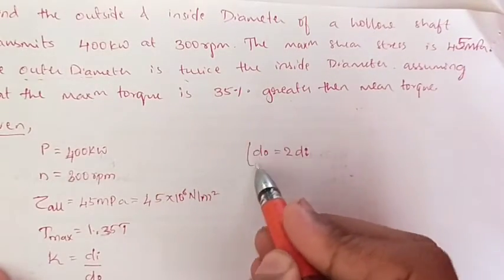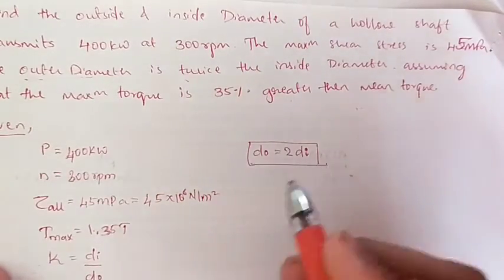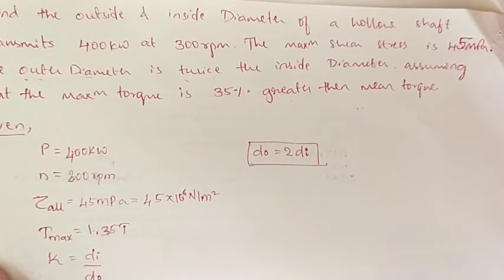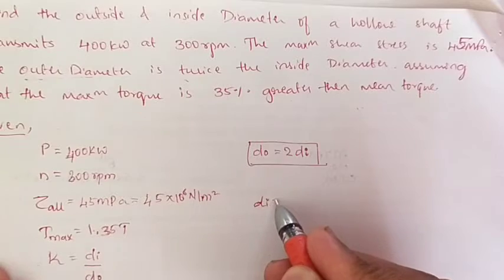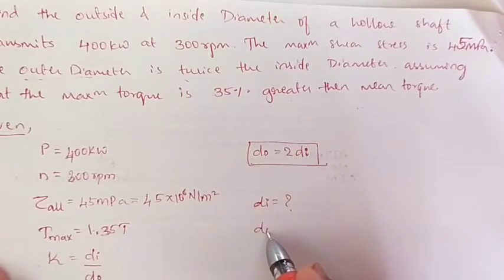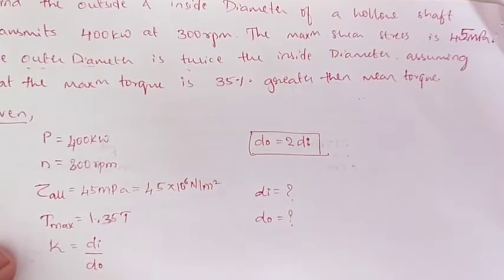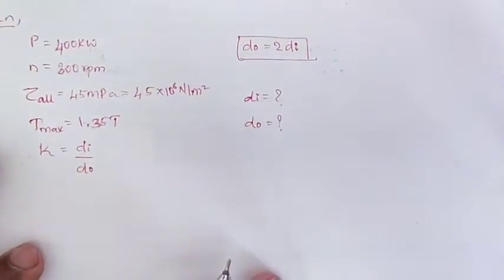Instead of giving the K value, he has given this value. So what should we find? We should find Di and D naught, the inside diameter and outside diameter. So we will go on solving the problem now.